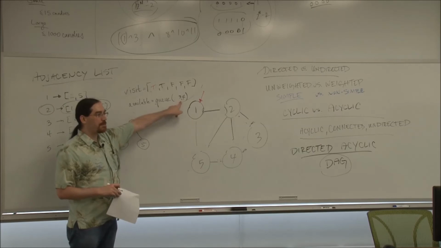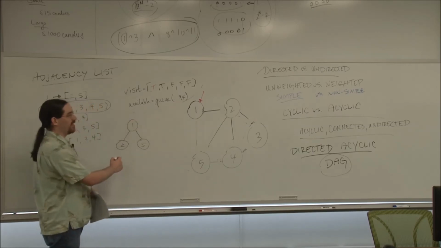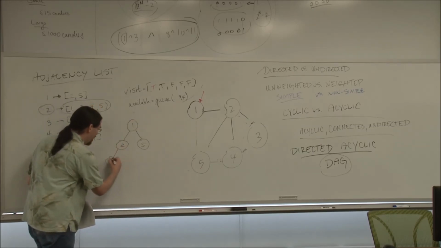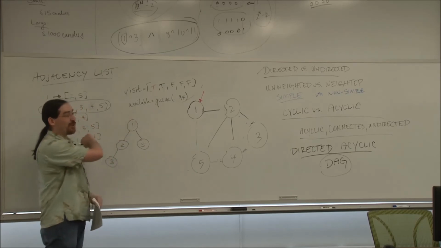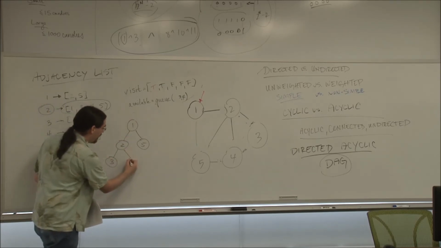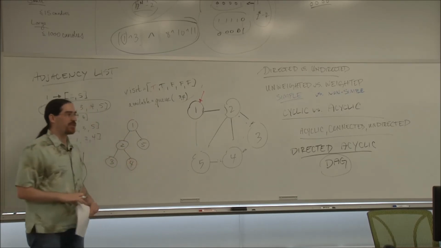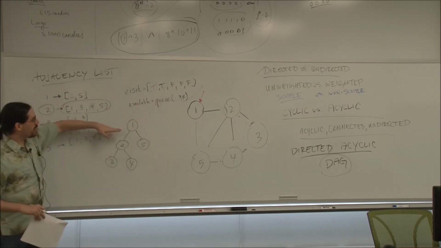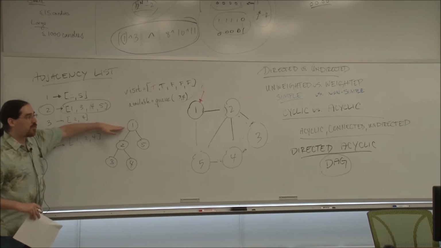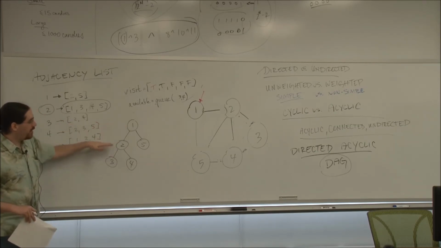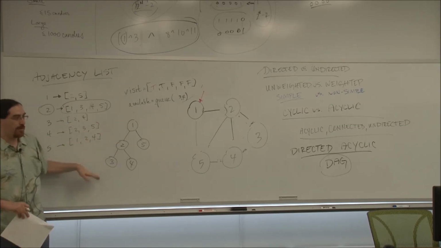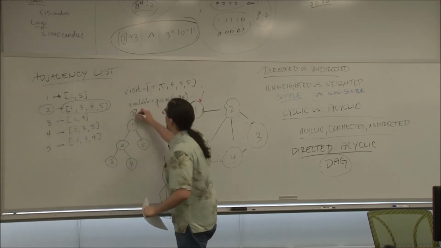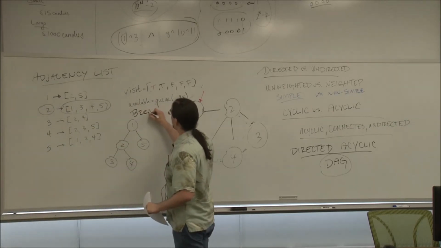We got the 3 from the 2. From the 2, so that goes down here. And we got the 4 from the 2 as well. Yes. So this is what the traversal tree for using a queue looks like. We started off at 1, and then from 1 we got to 2 and 5, and then from 2 we got to 3 and 4. This is what's called a breadth-first search.